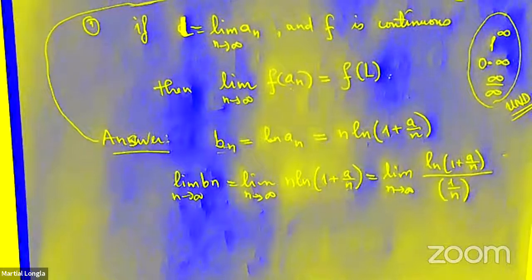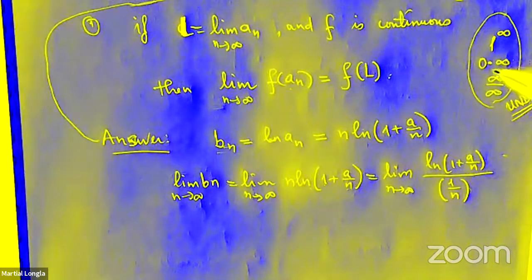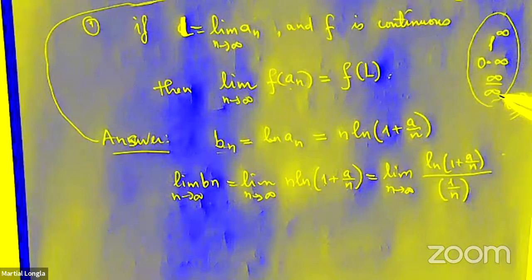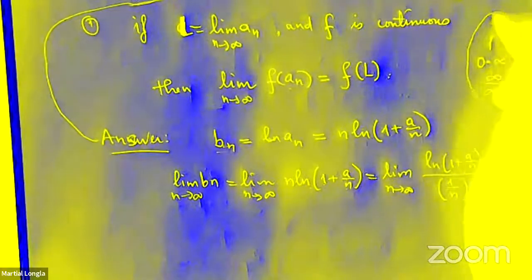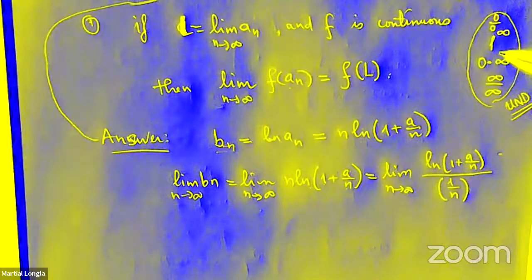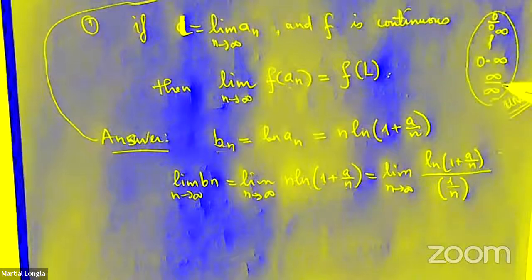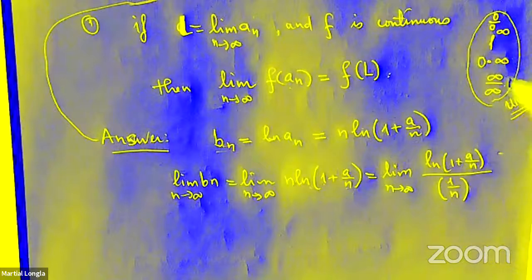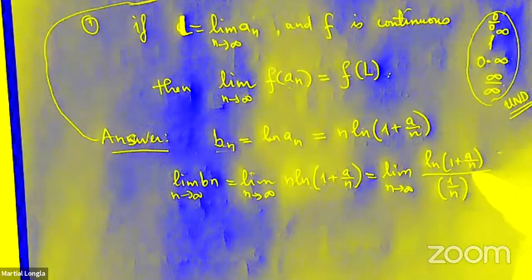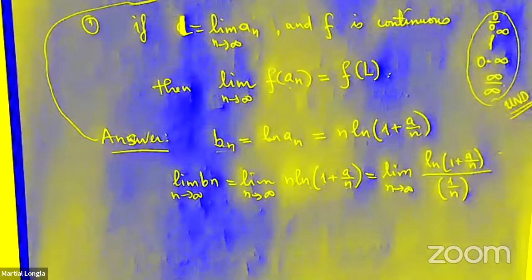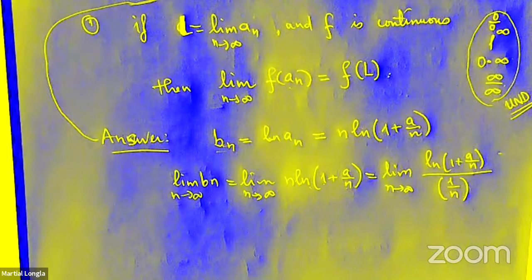But the good news now is that it takes us from 0 times infinity to 0 over 0, which is another form of infinity over infinity, also undetermined. And the good news about either of them is that whenever you have 0 over 0 or infinity over infinity, you can use L'Hopital's rule to find the limit.